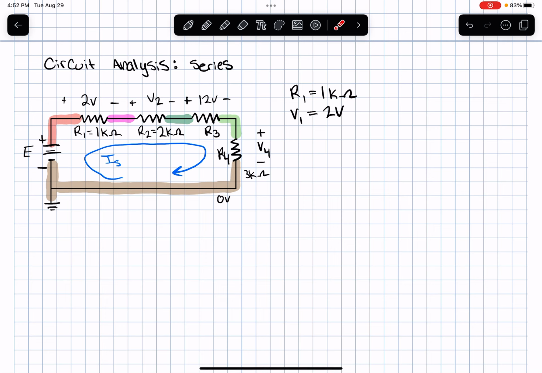It's just going to be flowing. So therefore, our current is going to equal the voltage divided by the resistance. So we have 2 volts divided by 1 kilo ohm. And that's going to give us 2 divided by 1 is going to be 2.